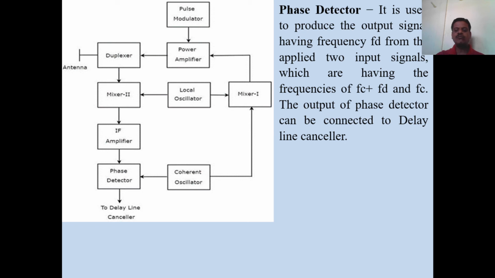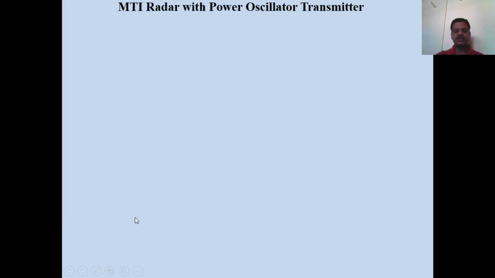The output of the phase detector is provided to the delay line canceller. So this is the working of the MTI radar with power amplifier.